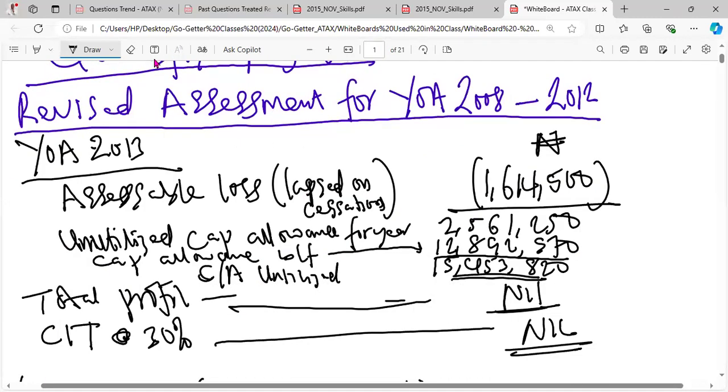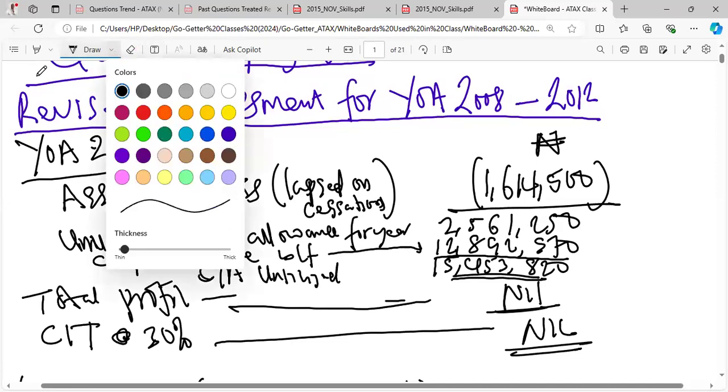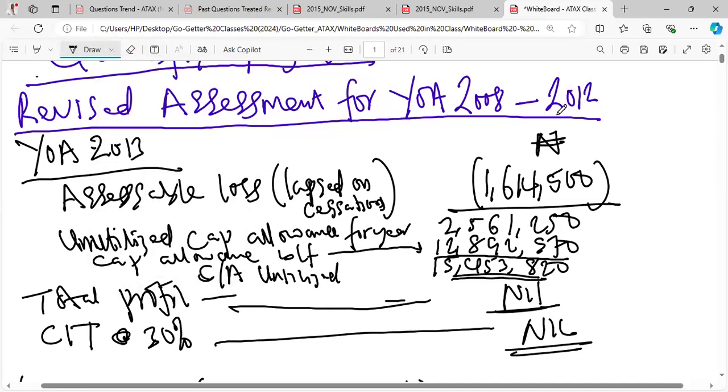You could as well make it up to 2013 if you want to, but this is revised. The year you were in is the year of assessment 2013, but you're not revising that of 2013, you are revising that of 2012.